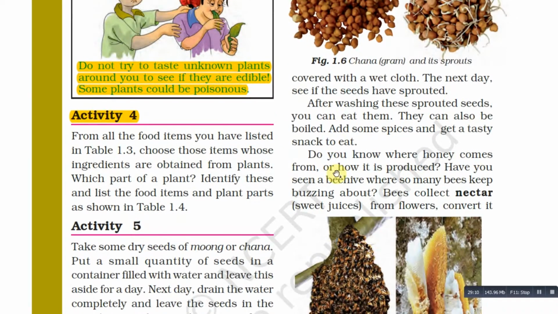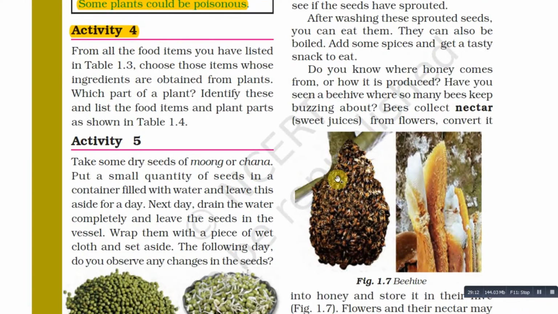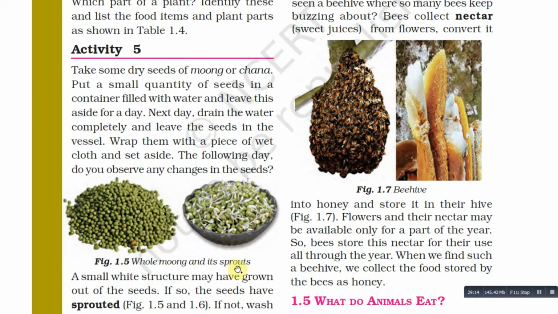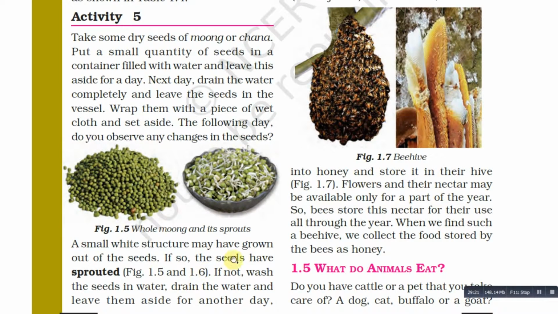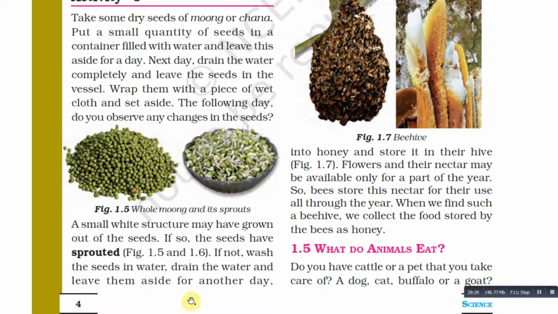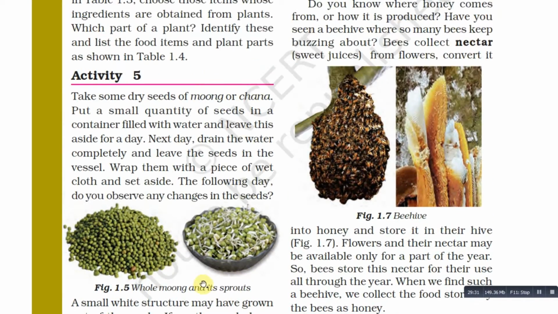Okay, a small white structure may have grown out of this seed. If so, the seeds have sprouted like this. If not, wash the seeds in water, drain the water and leave them aside for another day.